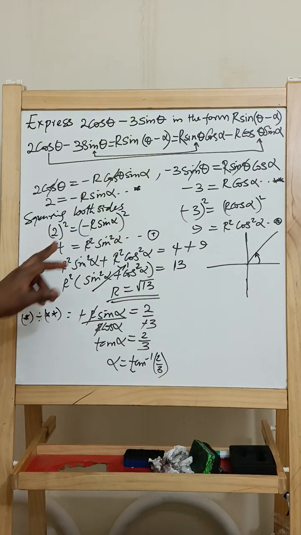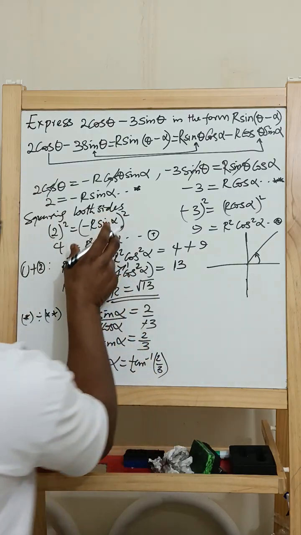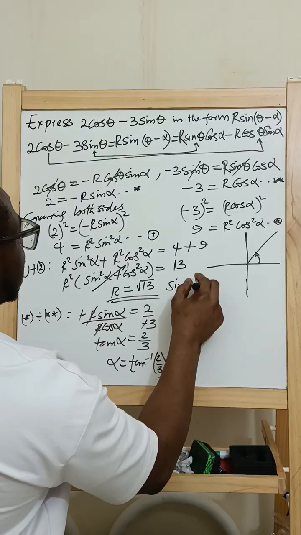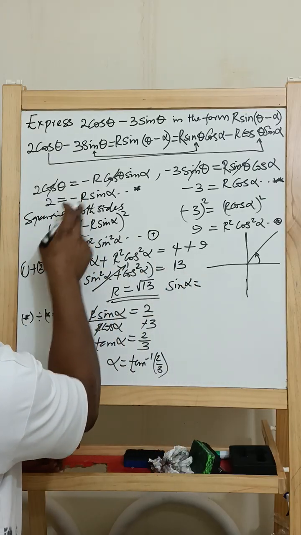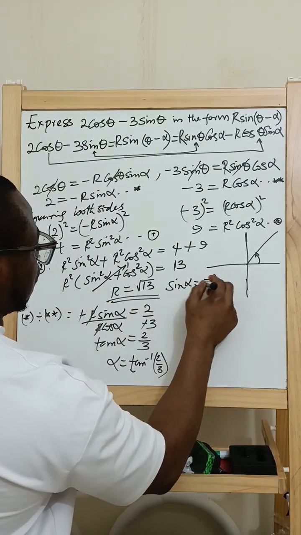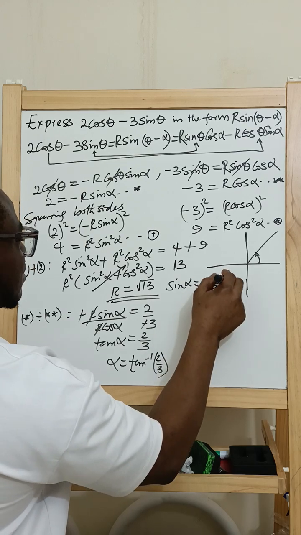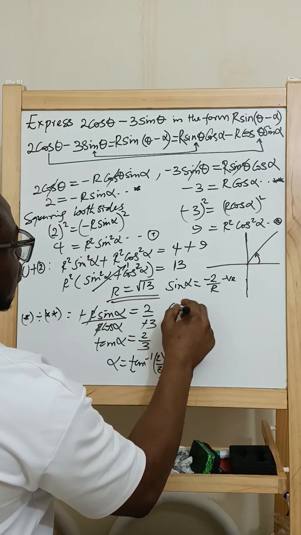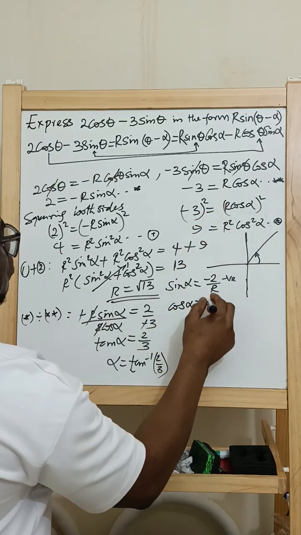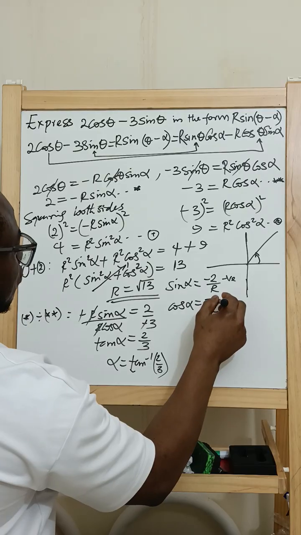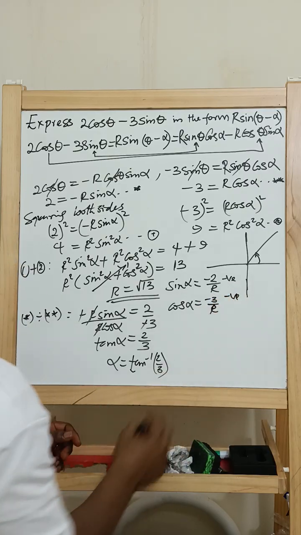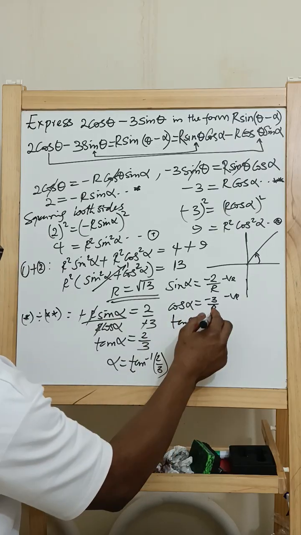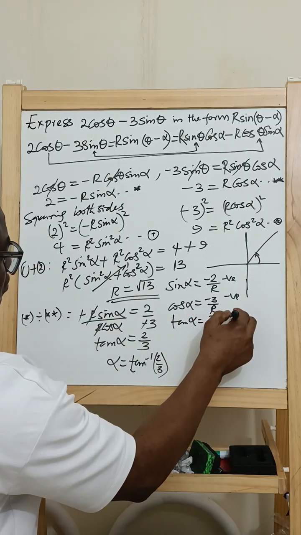But we observe from here that sin alpha is minus 2 over r, so sin alpha is negative here. Cos alpha is also minus 3 over r, it's also negative. But tan alpha, 2 over 3, is positive.